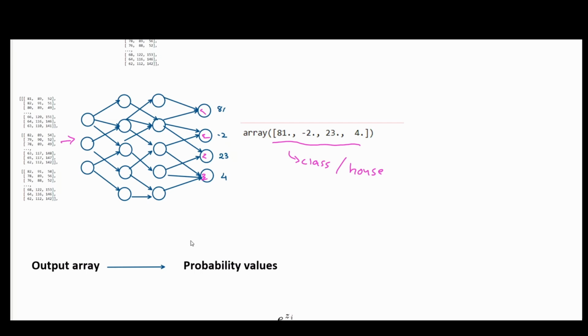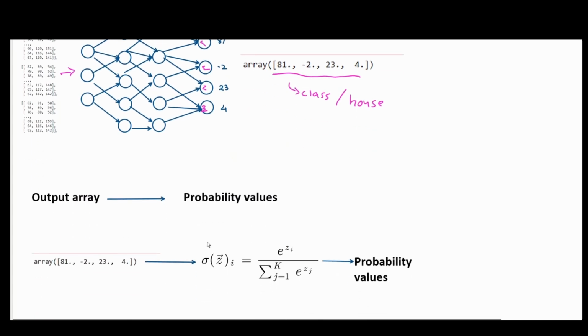That is 80 to 90% or whatever chances of Harry belonging to Gryffindor. So the output array that you see here is nothing but the output of the neural network.